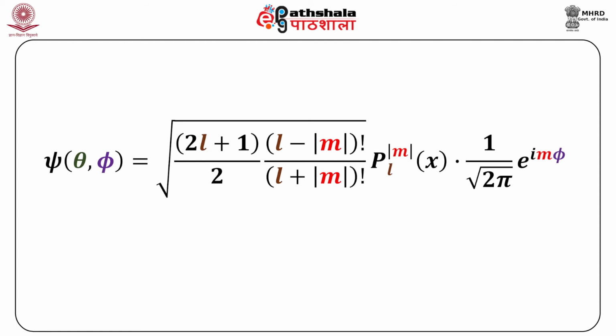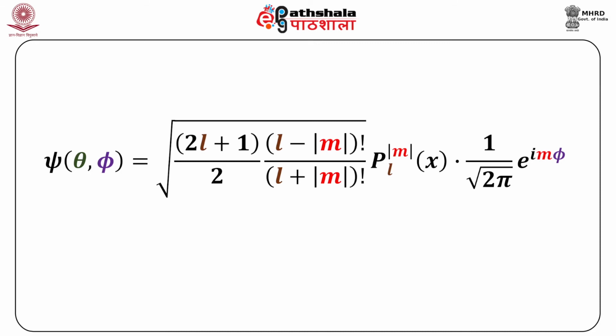This is the total wave function of the rigid rotator, and this is equal to psi(theta, phi) is equal to square root of (2L plus 1)/2 times (L minus absolute M)! upon (L plus absolute M)! into P_L^|M|(cos theta).